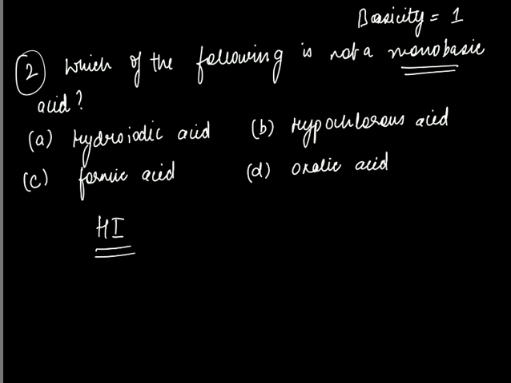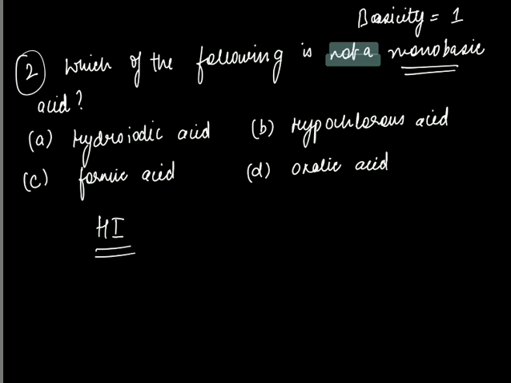But remember, they are asking about the not a monobasic. Always try to highlight terms like not a, in, or incorrect, because when you are on a roller coaster ride with 100 or 200 objective questions in a competitive examination, you can misread these small terms, and they are an important aspect of any question.